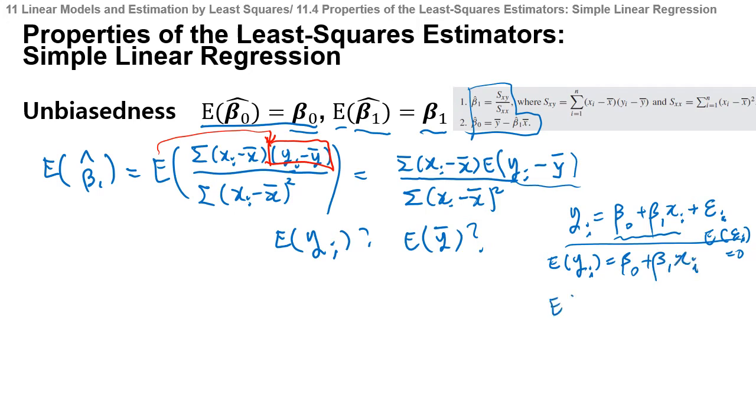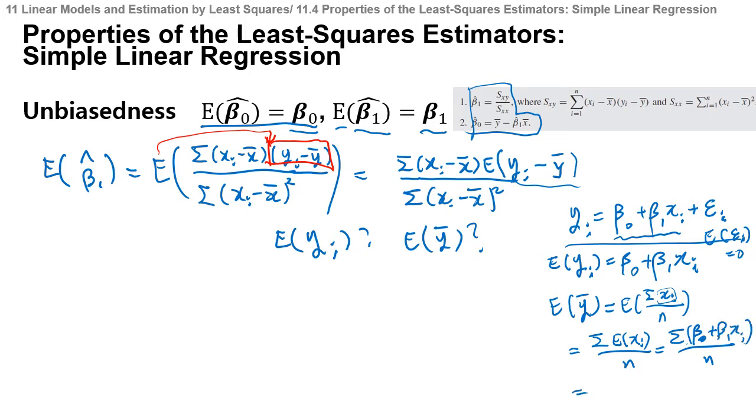And what is the expected value of y bar? This is the expected value of the sum of yi divided by n, so this is the sum of the expected values of each yi divided by n, which is the sum of beta 0 plus beta 1 xi.